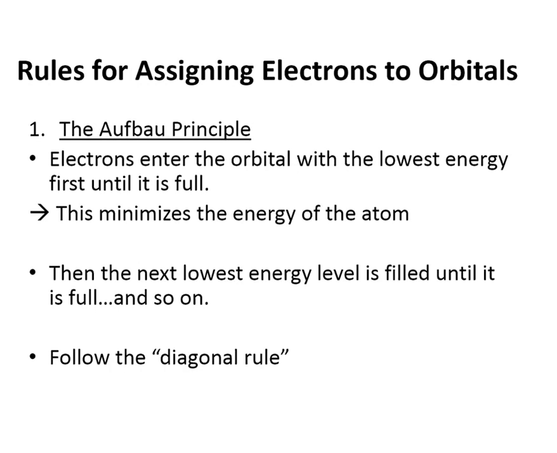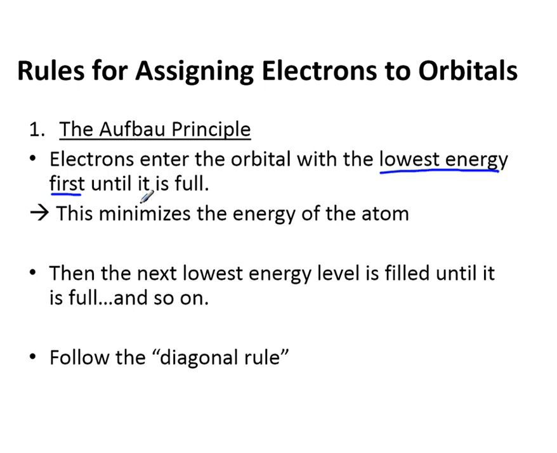So first rule, you would have learned about this rule in grade 11. This is the Aufbau principle. And the Aufbau principle says when you're filling up any type of electron configuration, the electrons go in the orbital with the lowest energy first, and you fill that up, and then you move on to the next lowest energy energy level and orbital until it's full, and then you move on to the next one.